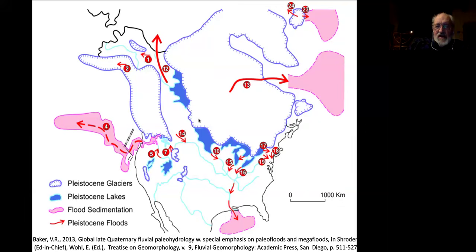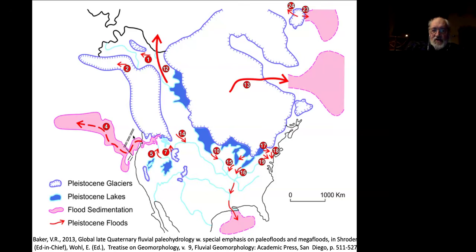So you get giant lakes associated with the margins of the ice sheet. There also can be lakes where the ice blocks drainage, and you get a lake like Glacial Lake Missoula. So the floods emanated from these lakes and from the margins of the ice.